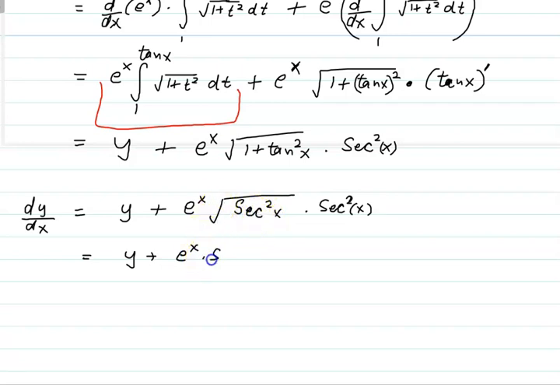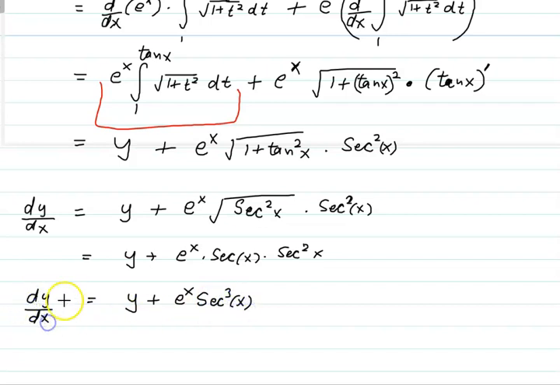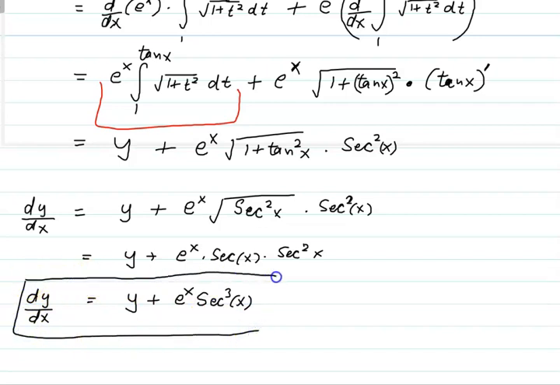So we are left with just secant x times secant squared x, and finally secant x times secant squared x gives you secant cubed x. So this is the final answer. dy over dx, the derivative, equals y plus e to the x secant cubed x.